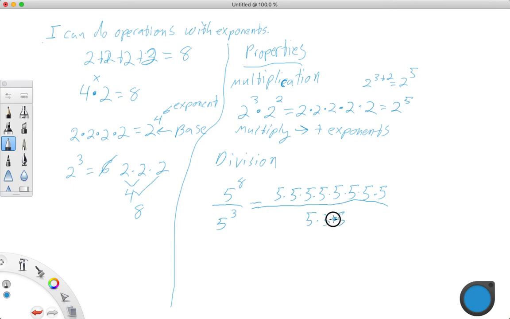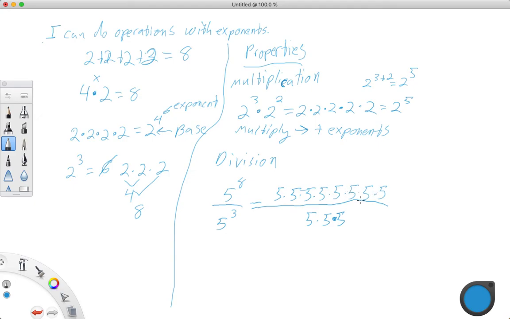Okay, and so we have 8 5s in the numerator and 3 5s in the denominator.